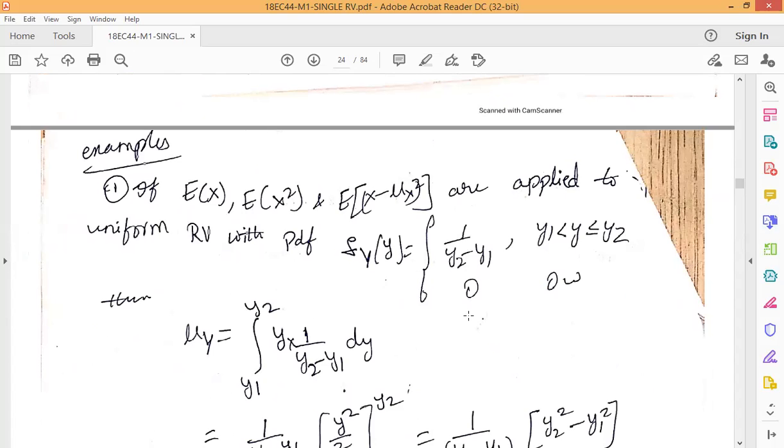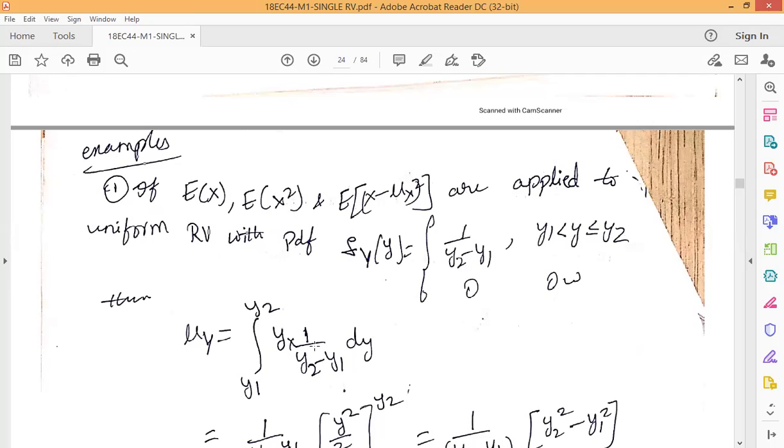Now let us consider the first example, to which we are going to apply the expectation. Suppose it is applied to the uniform random variable with the PDF fy of y equal to 1 by y2 minus y1, available for the interval y1 up to y2, and 0 for other values.